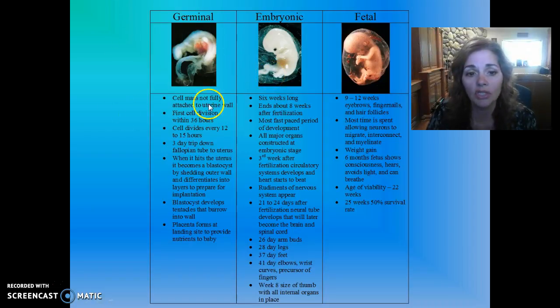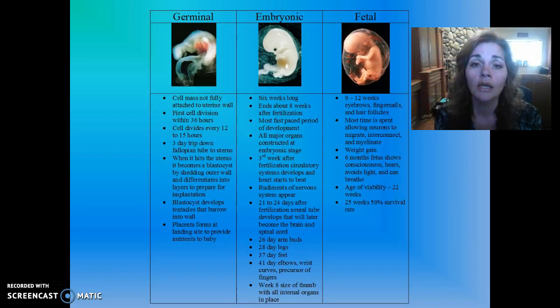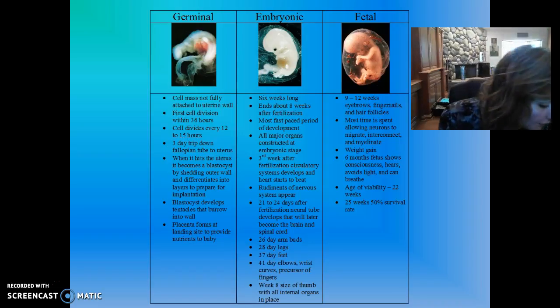The germinal stage is just the first 2 weeks after fertilization. Most of what's happening during this time is the zygote is moving from the fallopian tubes into the uterus, and it's preparing itself for implantation into the uterus so it can sustain life and continue to develop moving forward.